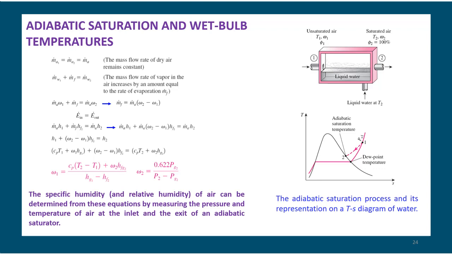So the air is coming, unsaturated air comes, and when it comes in contact with the water, without much change in temperature, it gets saturated, that is, 100% saturated air is leaving the system. Okay, so we may be sending in some makeup liquid, but that liquid also should be at the wet bulb temperature. So more or less we can say that adiabatic saturation temperature and wet bulb temperature are almost equal.